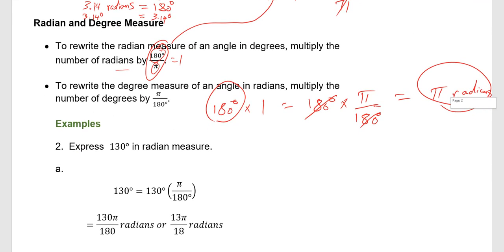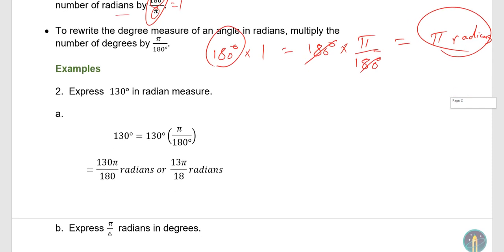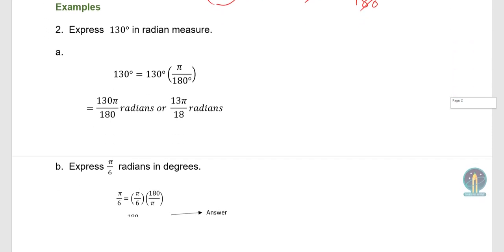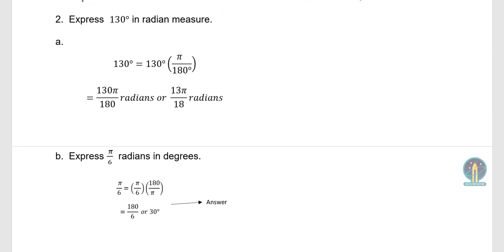Let's look at some additional examples. Express 130 degrees in radian measure. So again, we have degrees, we want to convert to radians. So we multiply by pi over 180, because we want to cancel out the degrees and leave the radians.